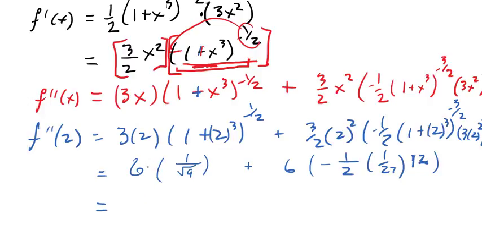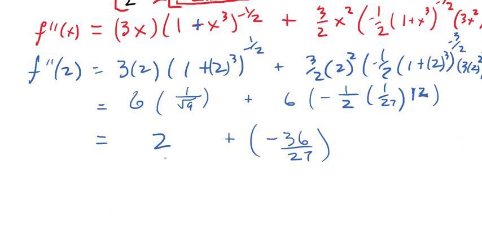Okay? So this is 6 times 1 over 3. What's 6 over 3? 2. Well, plus a negative. So 6 over 2 is negative 3. Times 12 is 36 over 27. 2 is actually 54 over 27. So what's 54 minus 36? 18. 18 over 27, is that the correct answer?